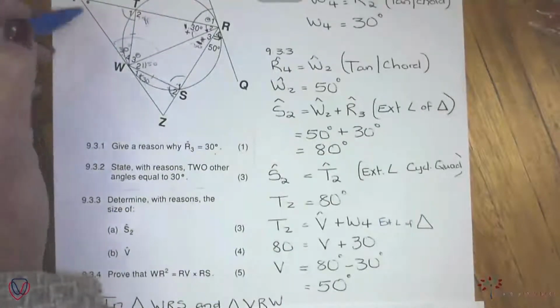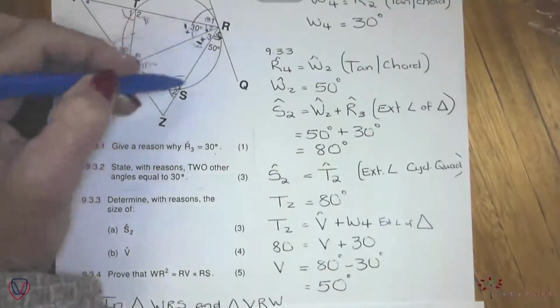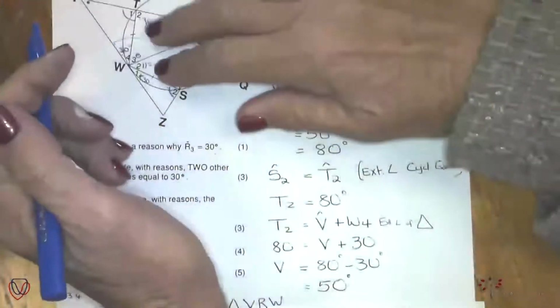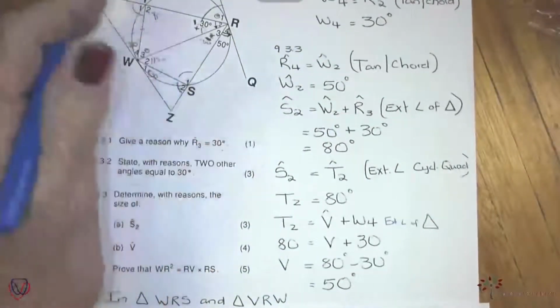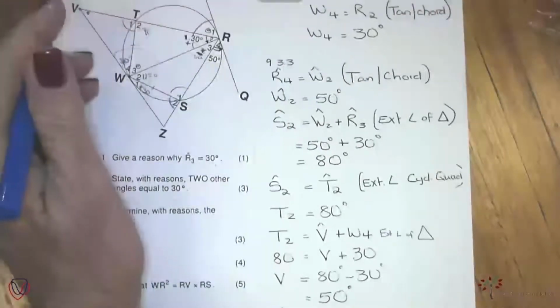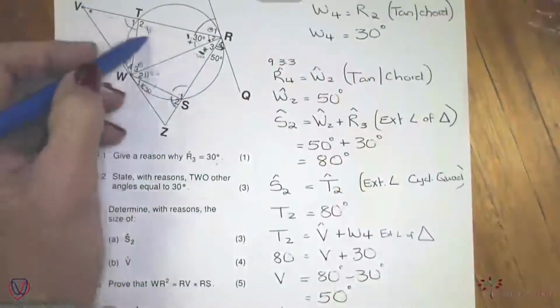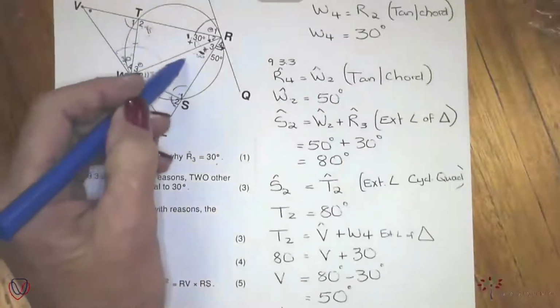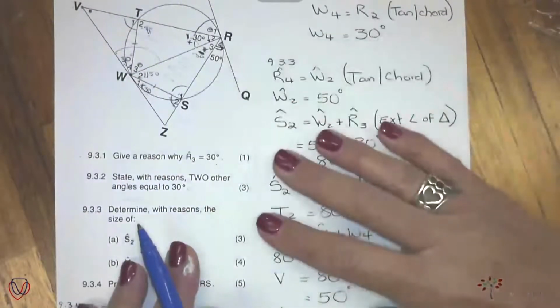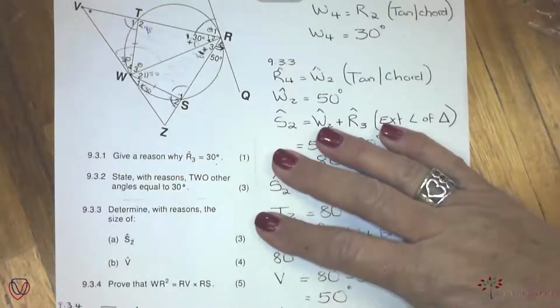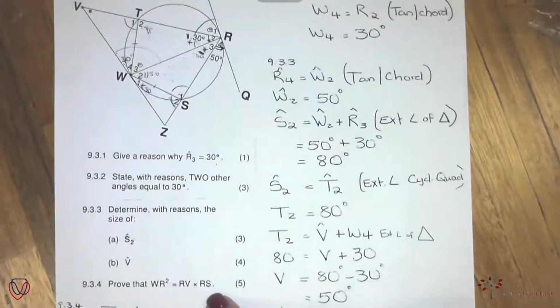You see? We looked at those two. But in the meantime, WR is also a common side to this large triangle and this triangle here. So if you can't see it on the sketch or you're not very sure, you go to what they asked you to prove and see whether you can get triangles out there.